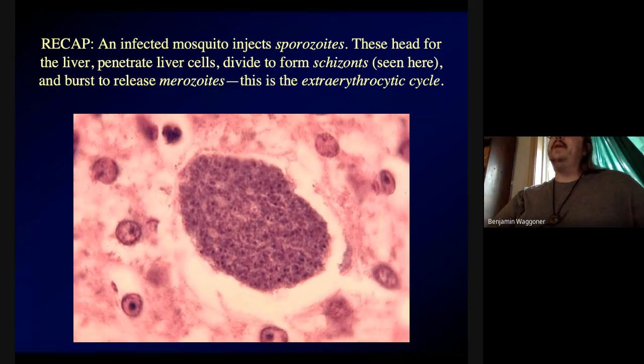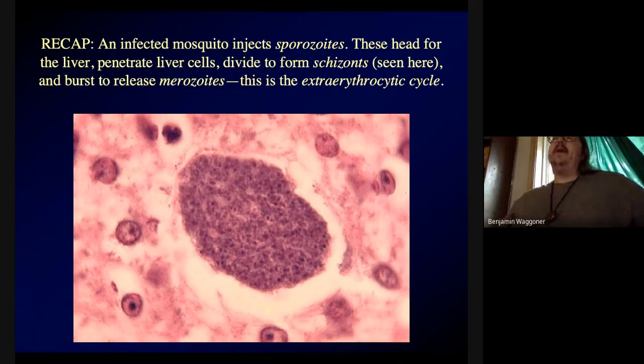In human malaria, these immediately head for your liver, and they penetrate liver cells and divide asexually repeatedly and turn the liver cell into a mass of cells called a schizont, and that's one of them there from a liver biopsy. The schizonts then burst to release the little swarmers, the merozoites.